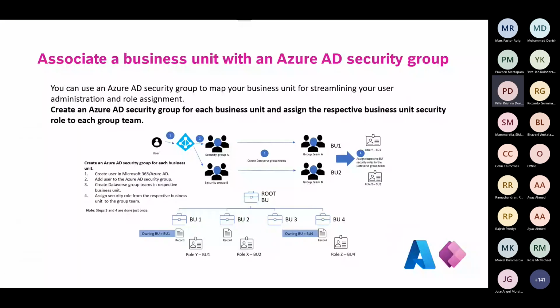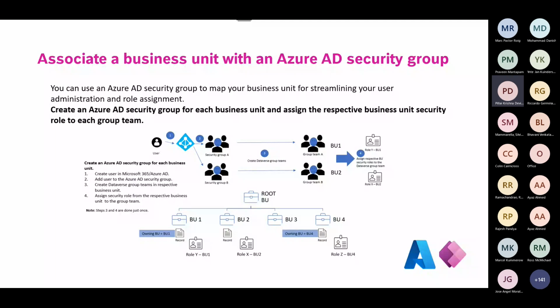Okay, so next I move on to one more interesting topic: associating a business unit with an Azure AD security group. Till now, when we create a table and create records against a table, we know that the governance of these records happens via a security role. There are many users who are going to join my organization. Say, for example, there is a sales team which exists and they have access to account, opportunity and leads.